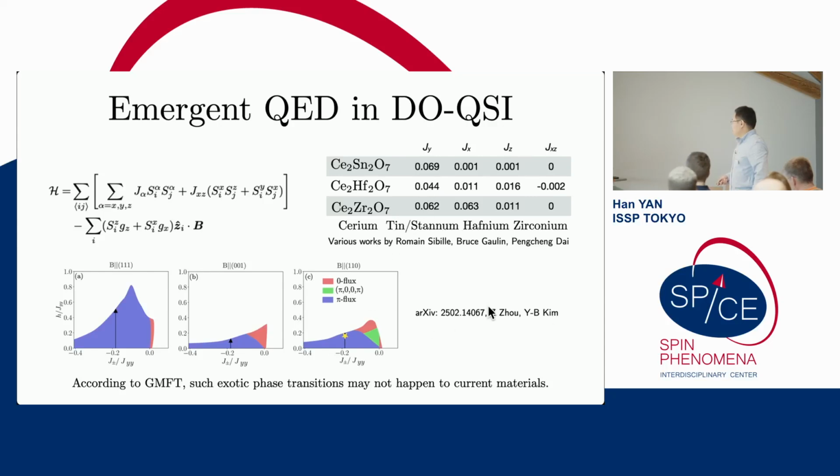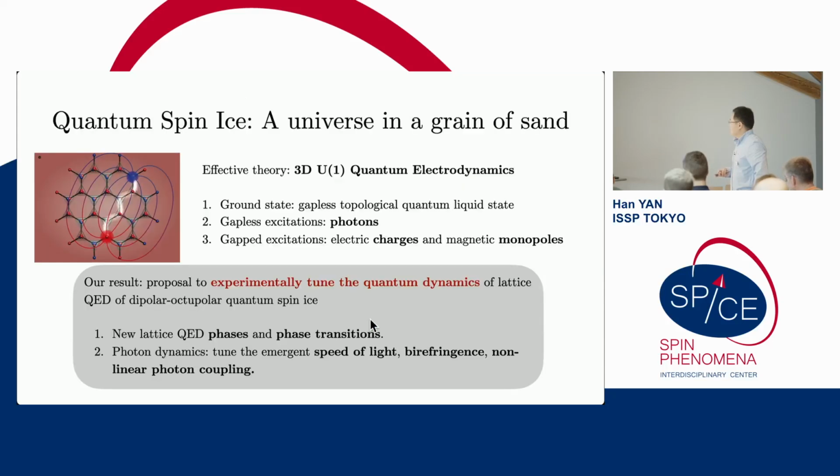According to a recent paper by Yong-Baek Kim's group, it seems like for these 3 materials, by turning on the external field, they don't really go into these interesting new QED phases, but you can be hopeful that there are some materials sitting at the right parameter regime where you have these interesting phase transitions. So, to summarize, you have quantum spin ice as a mini universe of QED, and for this class of materials, you can tune the dynamics quite flexibly.